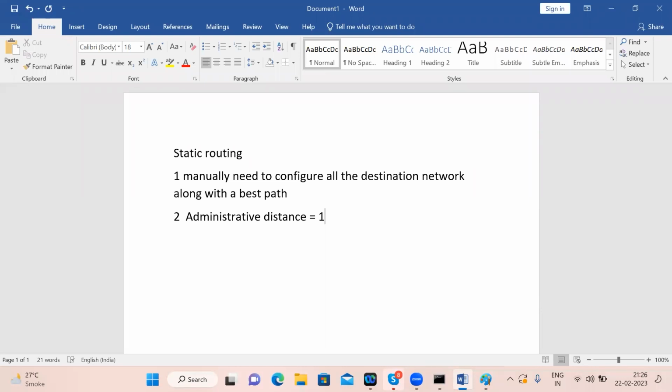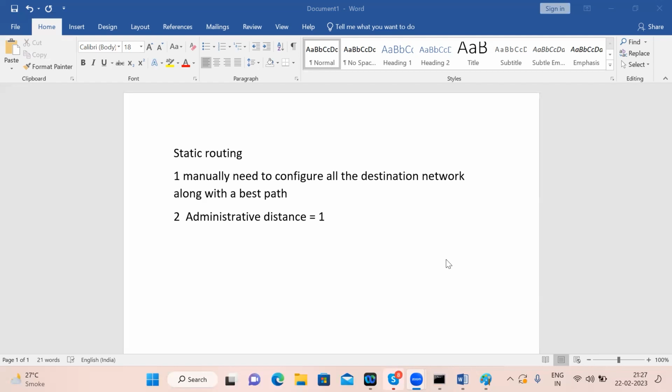To define which will be the preferred one, they use administrative distance. Lowest the administrative distance, highest the priority. Guys, keep your mic shut. Lowest the administrative distance, highest the priority.